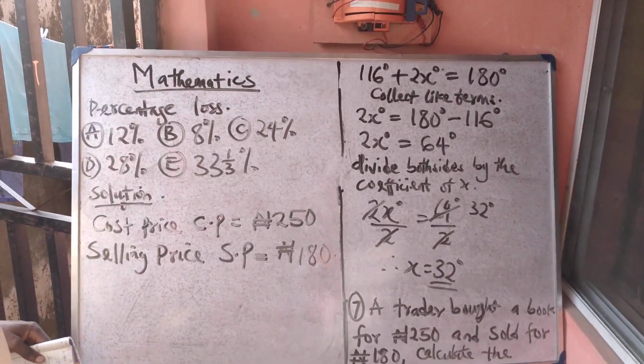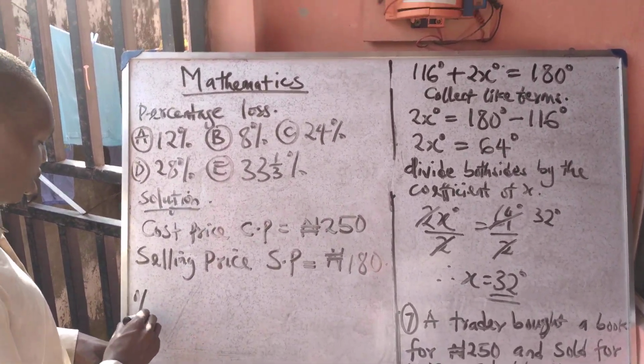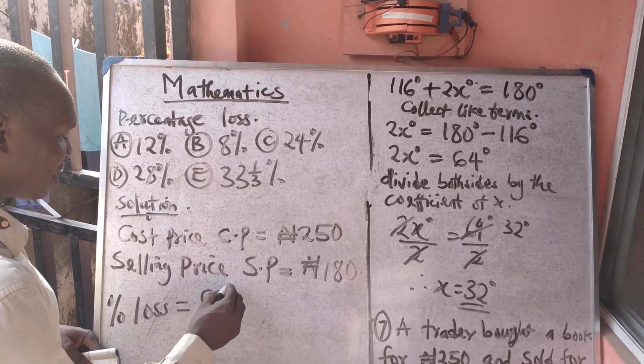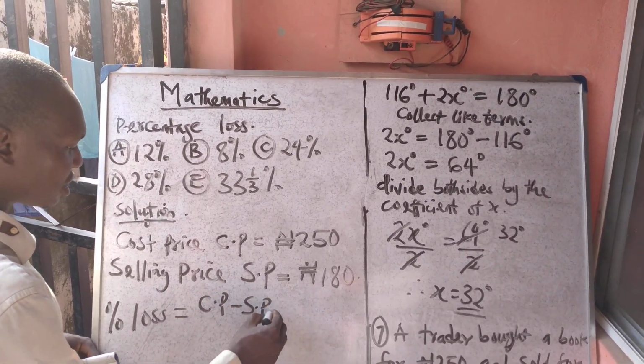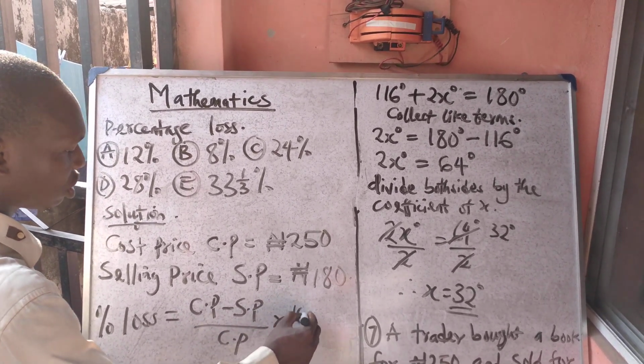Now they said calculate the percentage loss. Percentage loss is given by the formula: cost price minus selling price, divided by cost price, multiplied by 100%.